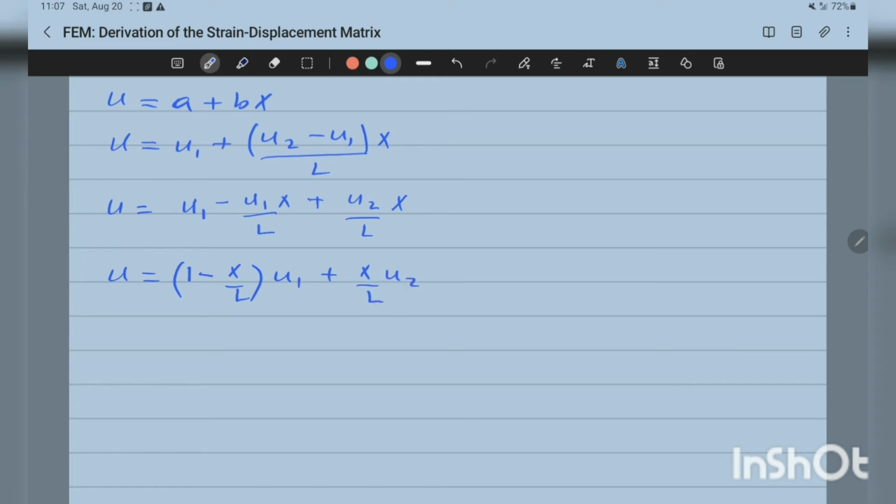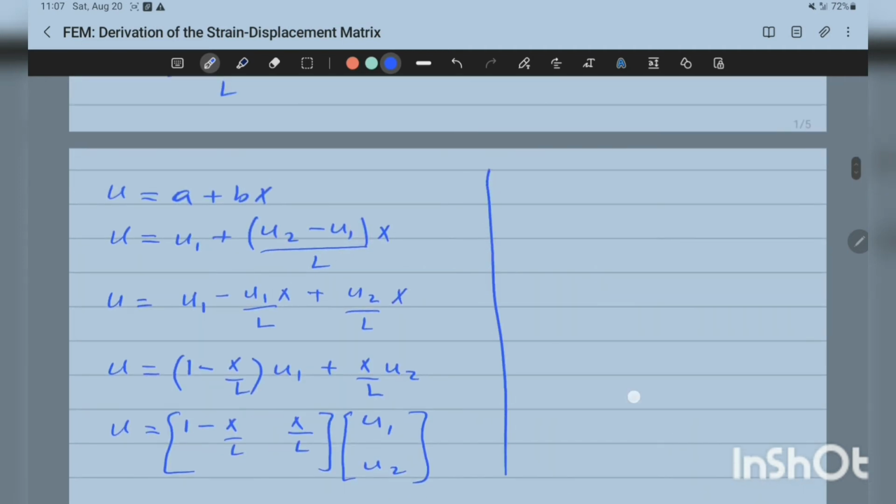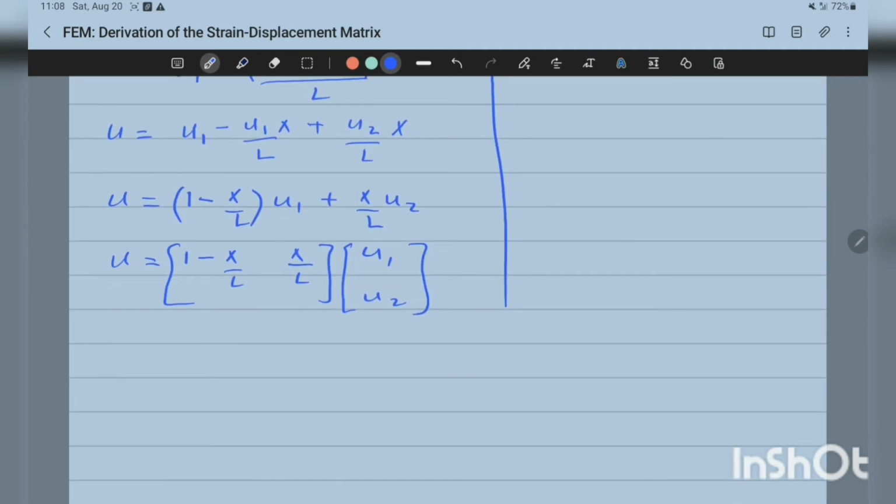In matrix form, this can also be written as 1 minus x over L, x over L. Now this 1 minus x over L and x over L are known as the shape functions.